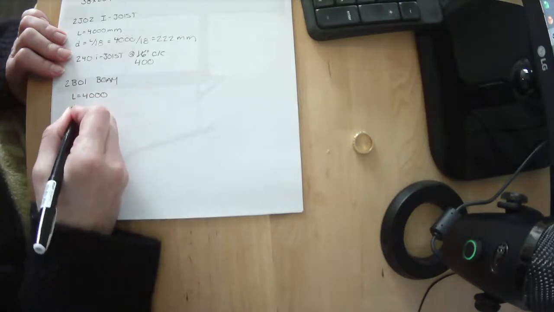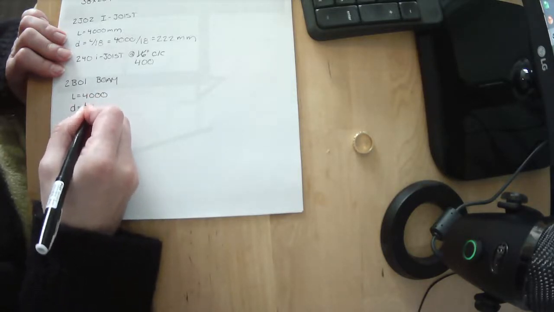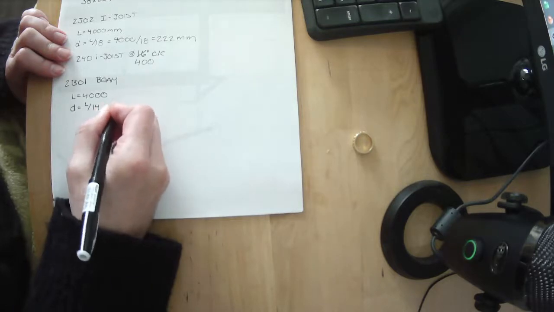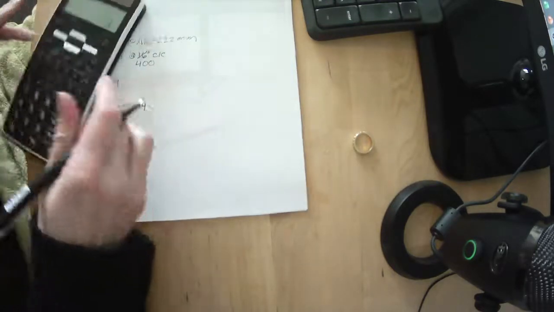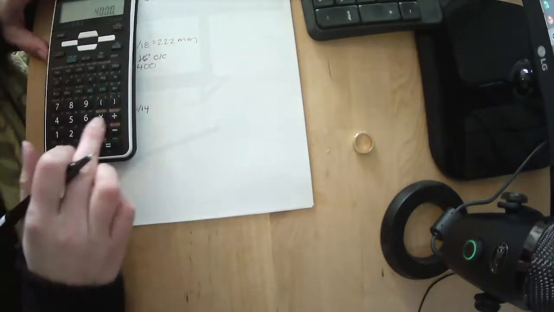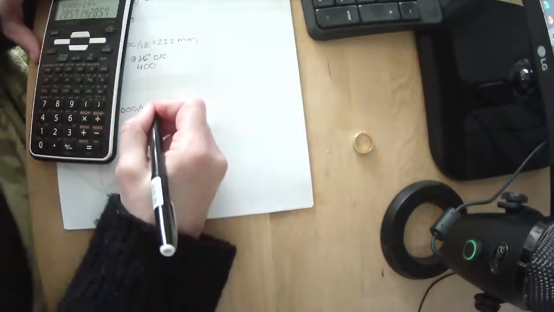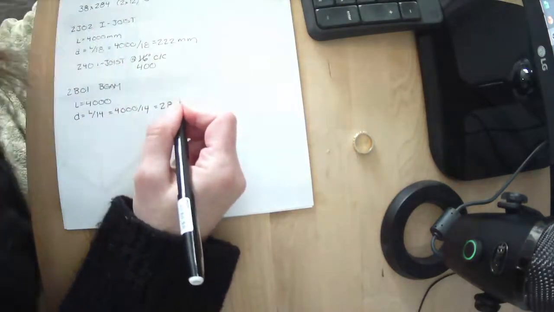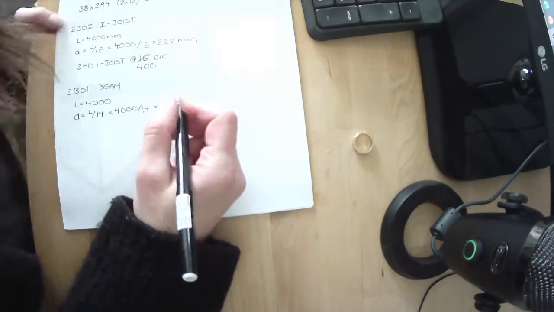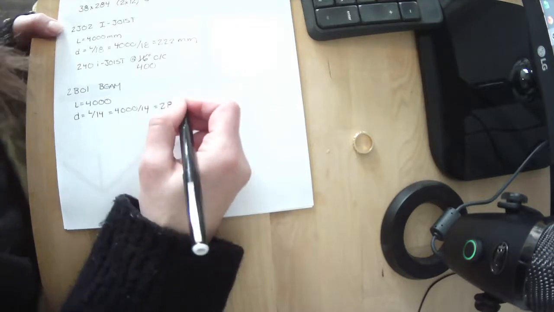Our sizing guideline is L divided by 14, 4,000 divided by 14. 4,000 divided by 14 is 285 millimeters. 286, I guess.